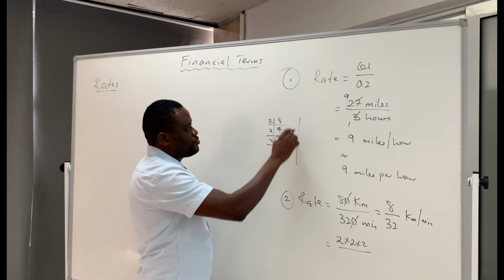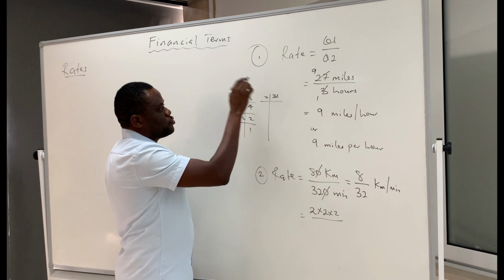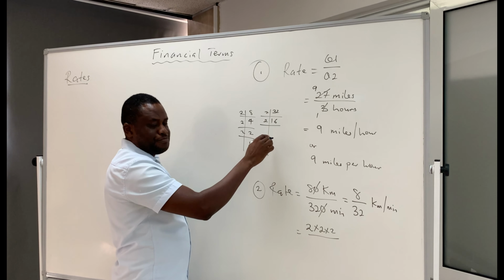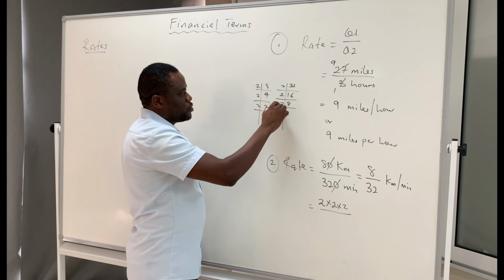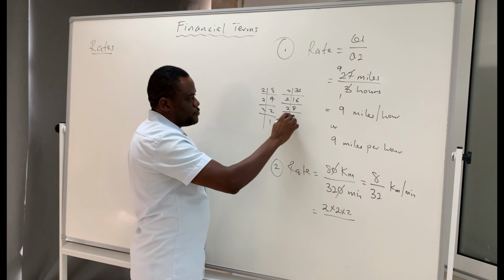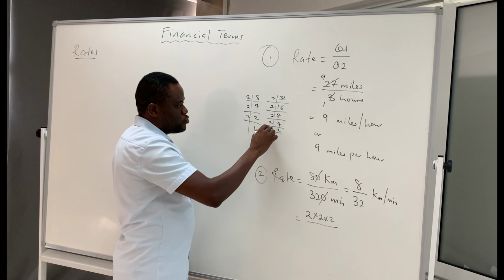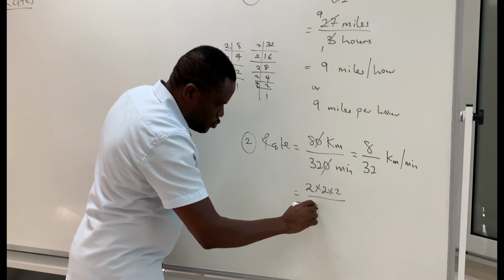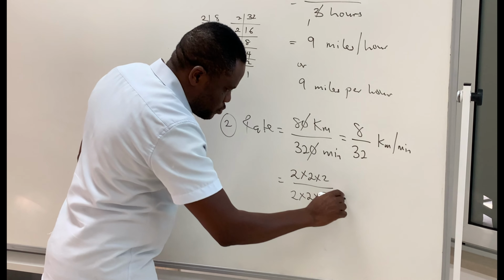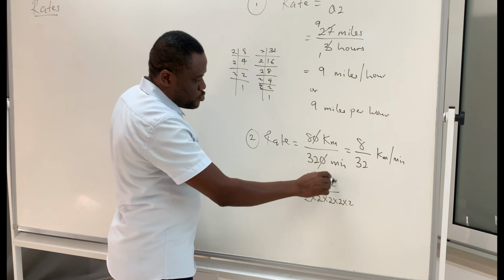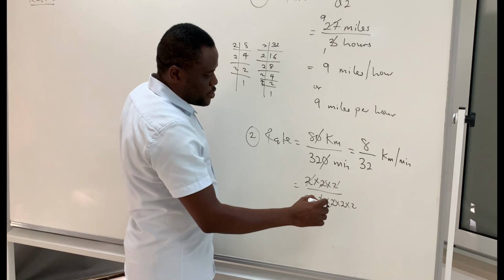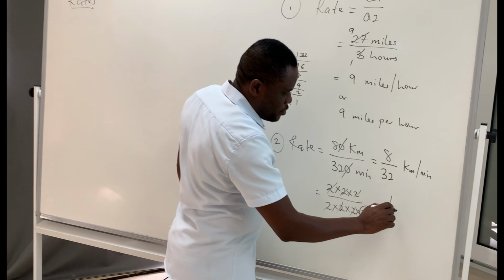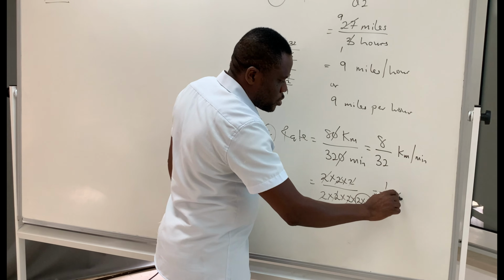And then the second one, 32: 2, we have 16, 2 again, we have 8, 2 again, we have 4, 2, 2, 2, 1. So this one gives us 1, 2, 3, 4, 5: 2 by 2 by 2 by 2 by 2. Cancel 3 twos here. What is left here is 1. This is 4, right? So we have 1 over 4 kilometer per minute.